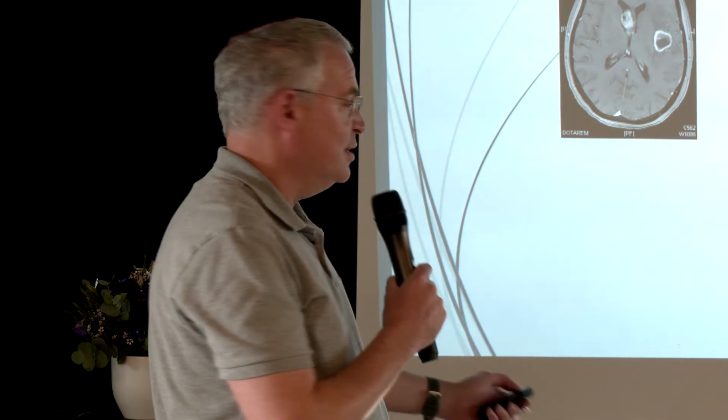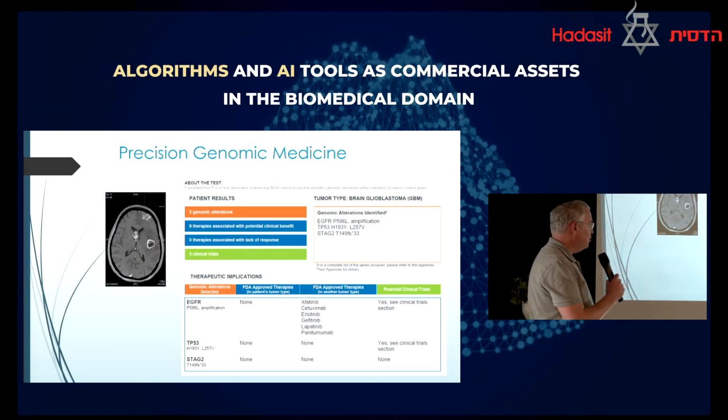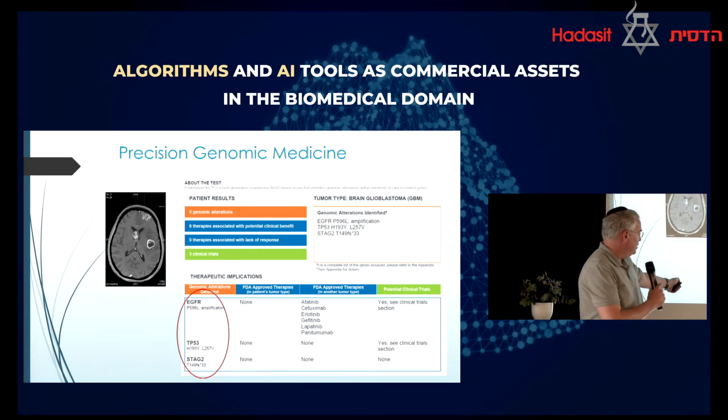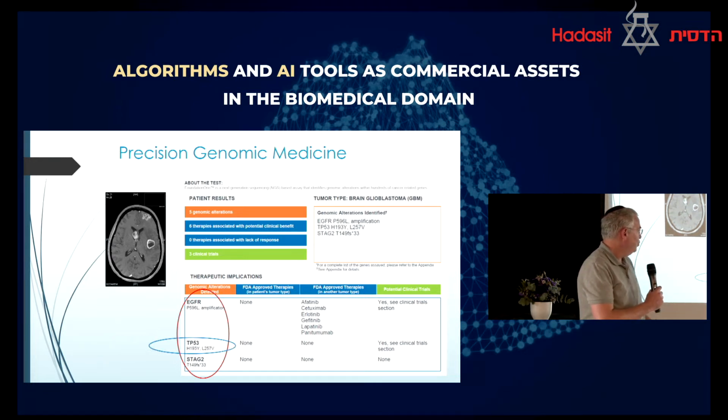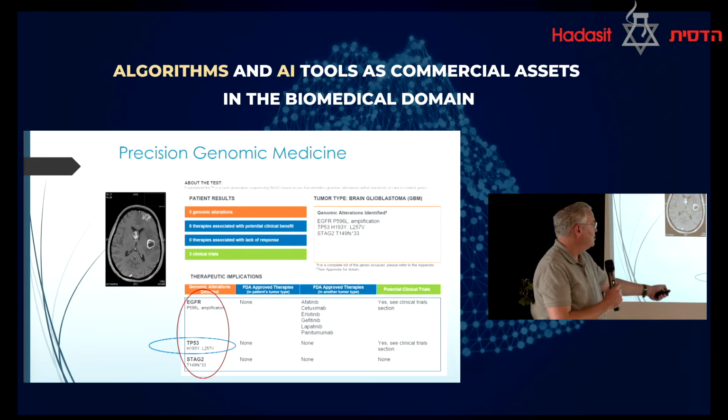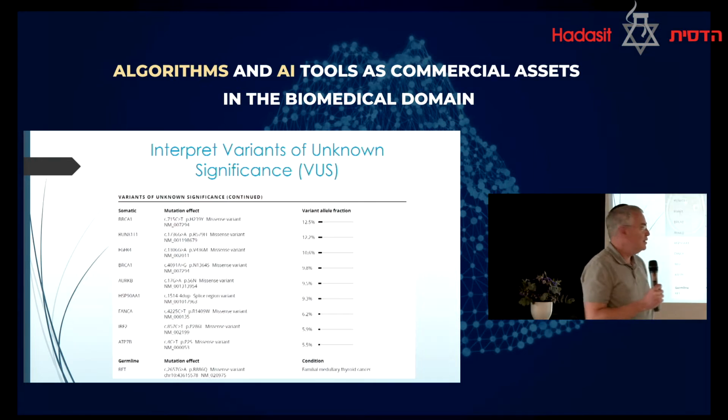You can see an example of a patient of mine, and she has several mutations in three different genes, and we can also prescribe some proposed medication. This is what precision medicine is.